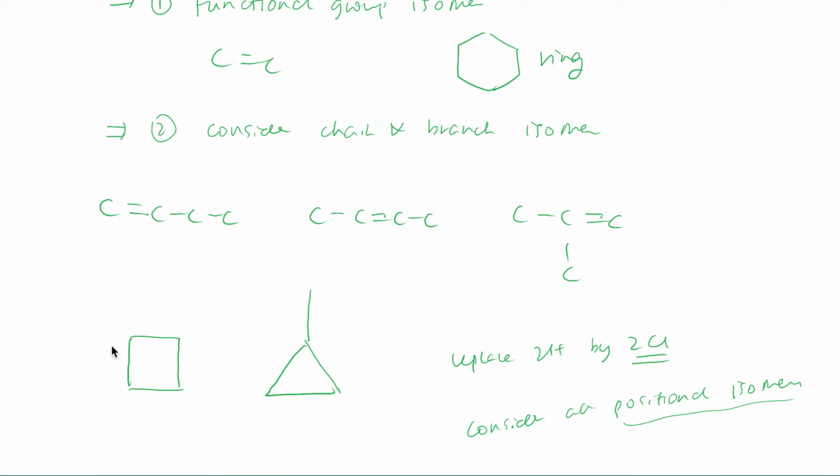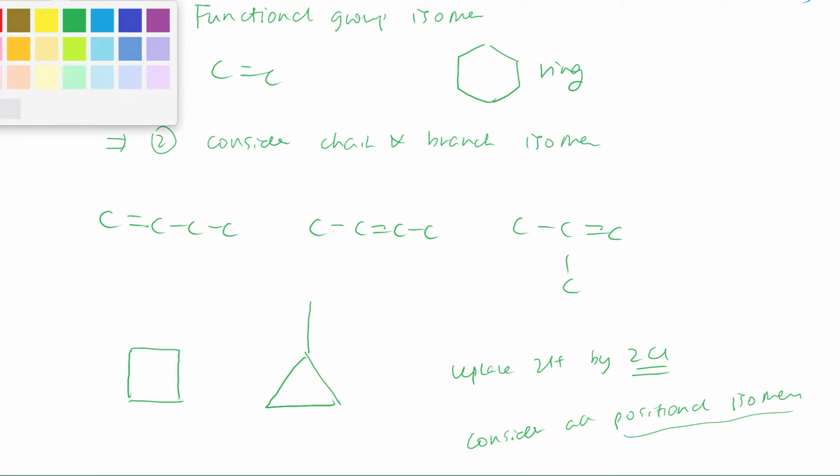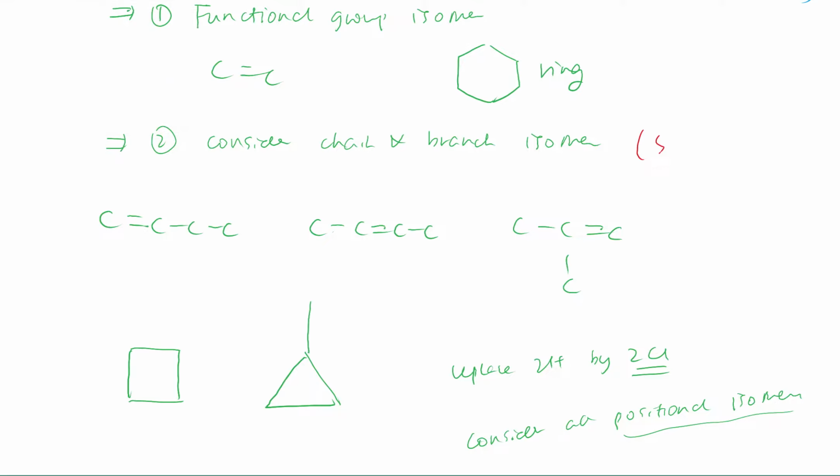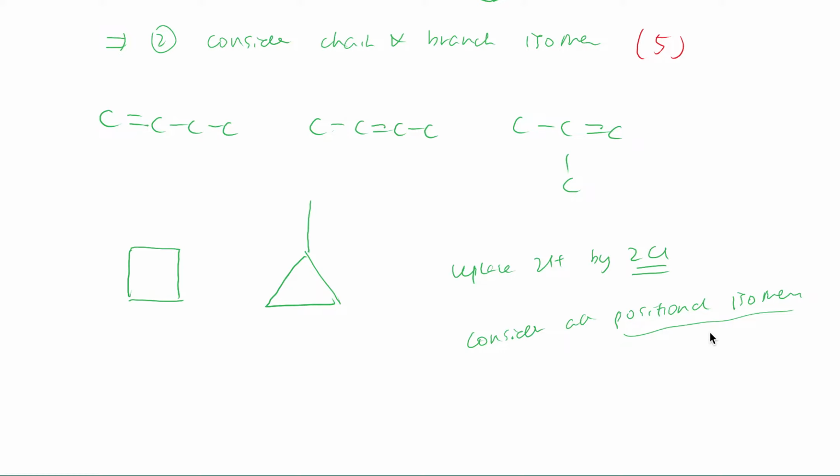So if we consider the chain and branch isomers, it would be 5. Functional group isomers, there's 2. And now let's consider all the positional isomers. If you consider all the positional isomers, I think in the end you will get 23. There are 23 positional isomers.